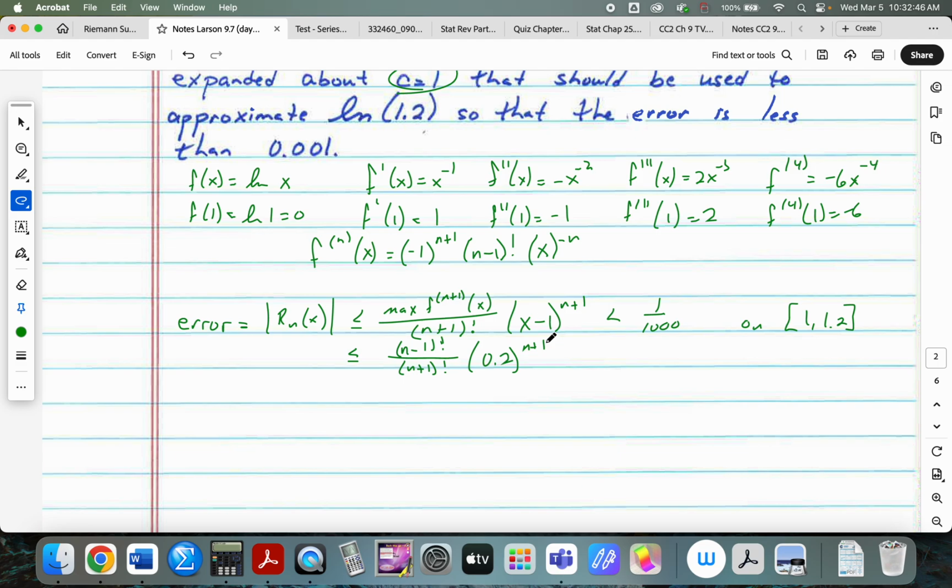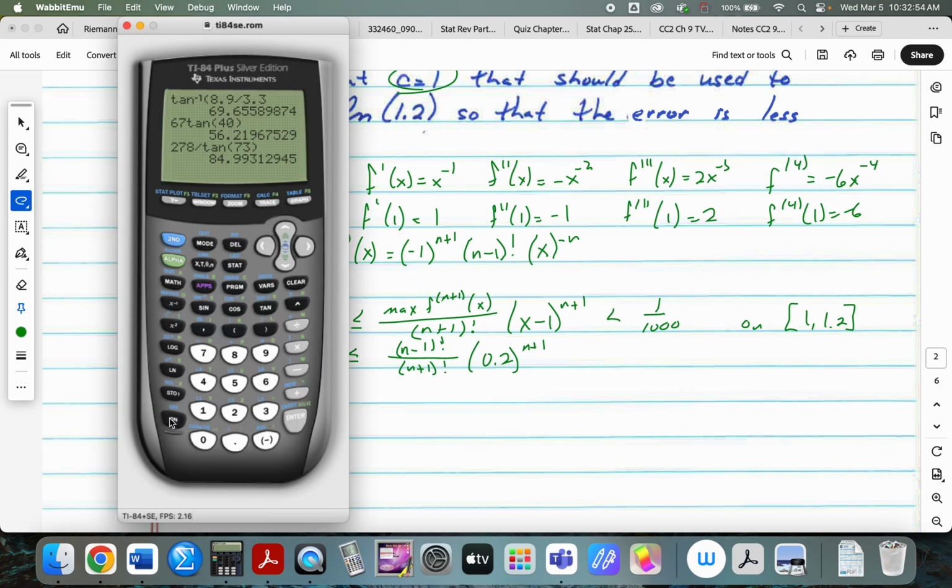So at that point, what we really want to do is, okay, we could do guess and check to figure it out, but let's grab a calculator and do that.